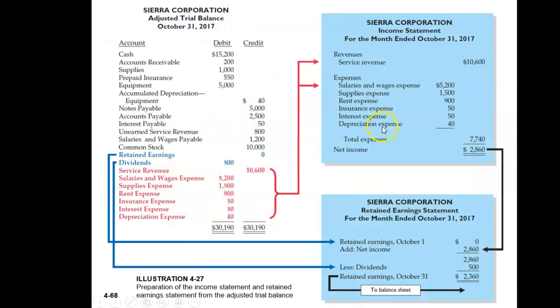So first, for the income statement, the revenue account and the expense accounts are all coming from the adjusted trial balance to determine whether we have a net income or a net loss. That net income or net loss is then transferred over to the retained earnings statement.